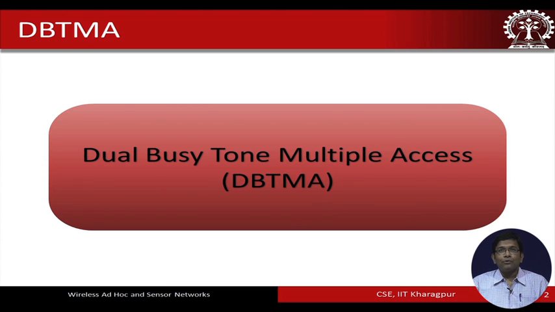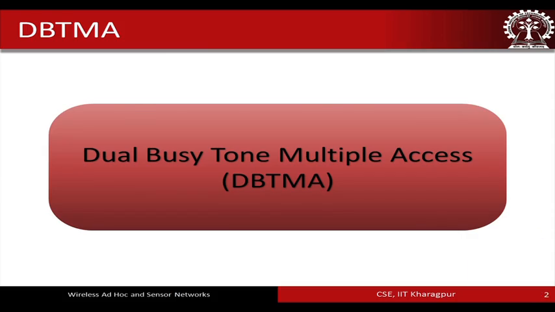The MACA protocol and MACA-W are single channel protocols. That means that the entire bandwidth is treated as a single pipe. DBTMA belongs to the multi-channel class of MAC protocols. In DBTMA, the entire bandwidth is fragmented or split into multiple channels.